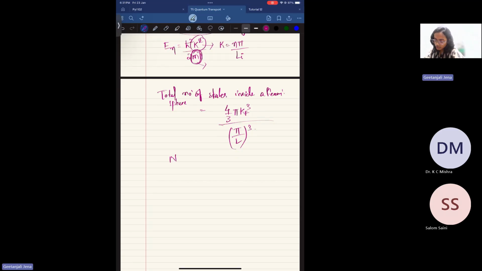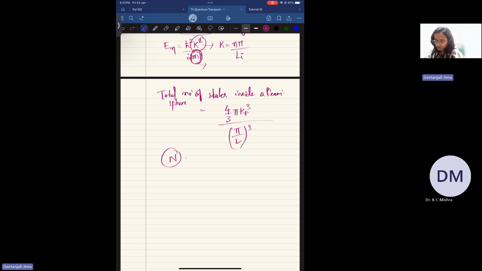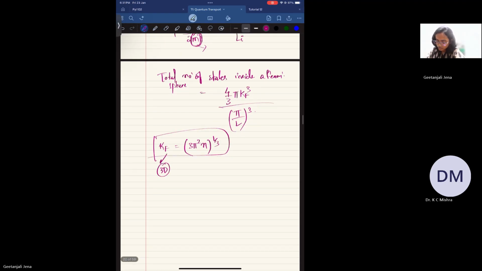So from this, let me write out the final expression. So kf, if you recall for the 3D case, is 3 pi square number density to the power 1 by 3. This is for the 3D case.